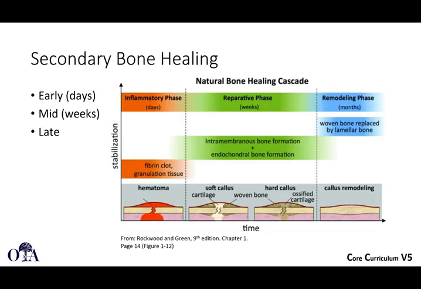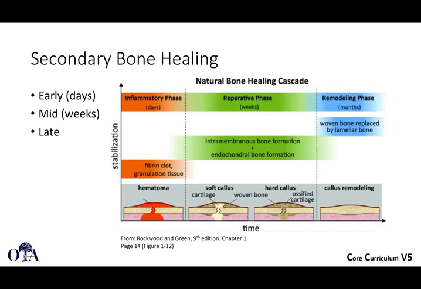And that's shown here. So the early phase, which is the first several days, is an inflammatory phase where there's a fracture hematoma, a fibrin clot, and granulation tissue, and then eventually that goes over several weeks into a soft callus.